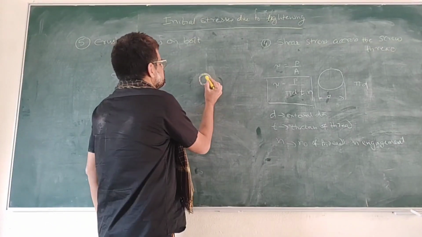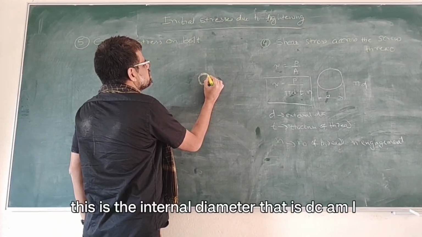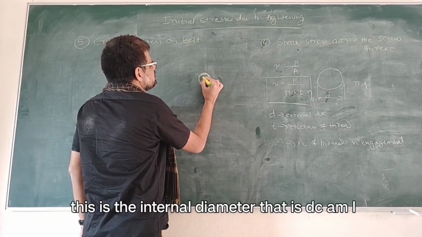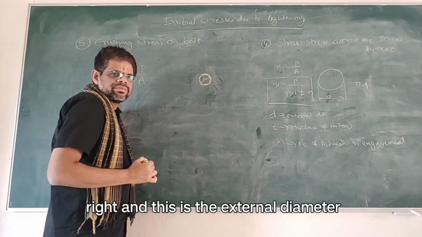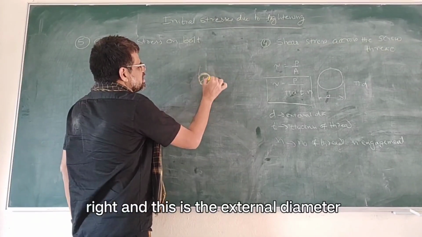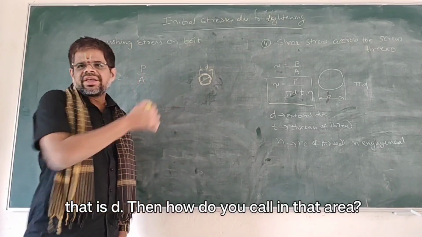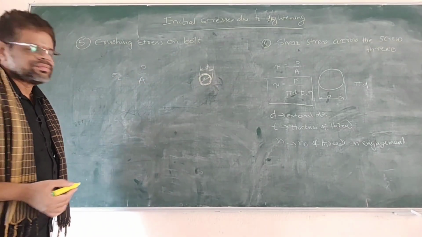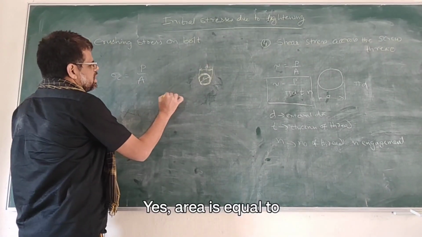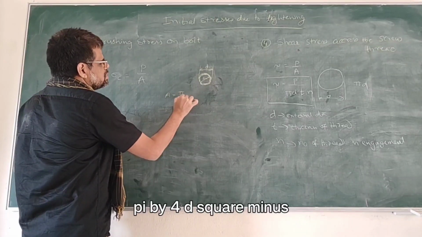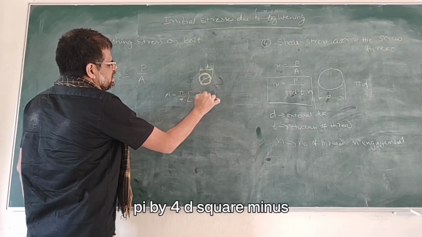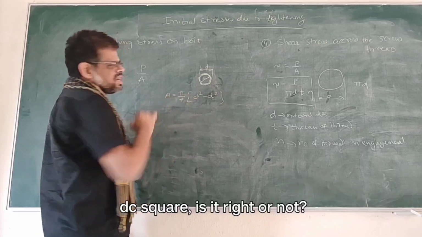It is like this. See, this is the internal diameter, that is DC. Am I right? And this is the external diameter, that is D. Then how do you calculate that area? Yes, area is equal to pi by 4 (D square minus DC square). Is it right or not?